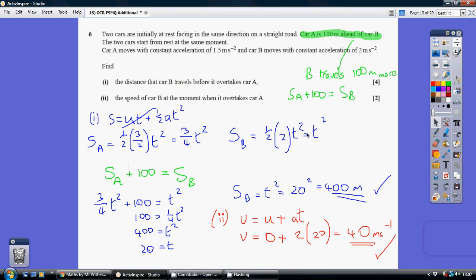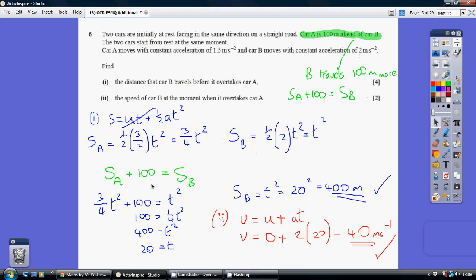So they travel for the same amount of time, so these t's are the same t's. Now the other fact that we know is that car A is 100 meters ahead of car B to start with. Okay, so car B is going to catch up with car A. Car B travels the furthest distance. So in order to make them equal, you've got to take the distance travelled by A and add on 100 to get the distance travelled by B. Remember, the distance travelled by B is 100 meters further.